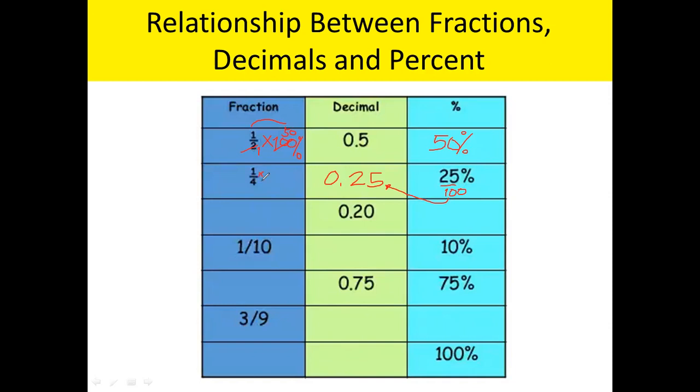So times 25, you have there 25 over 100. If we convert it into a decimal, the denominator is 10 squared, so 2 decimal places, 0.25.